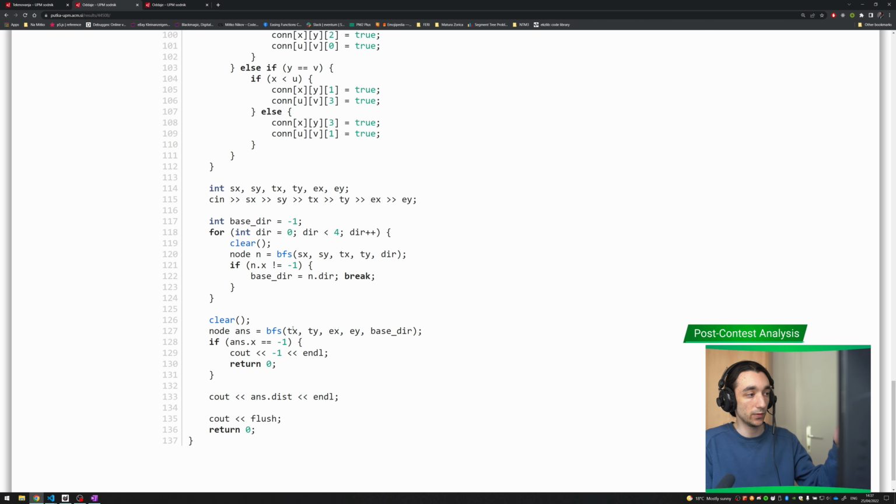Push now BFS from the current point to the ending point with this direction. So we came from this direction. Now we're going to push BFS from this direction onwards. And if the answer is -1, if we can't reach that point, then it's -1. Else, just answer this.